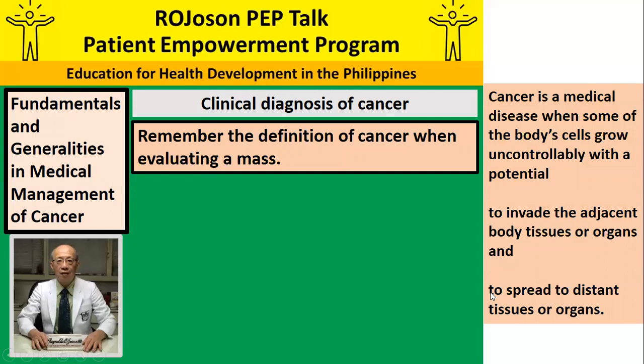So remember the definition of cancer when evaluating a mass, for you to remember the so-called pattern recognition. Cancer is a medical disease when some of the body cells grow uncontrollably with the potential to invade the adjacent body tissues or organs and to spread to distant sites like tissues and organs.